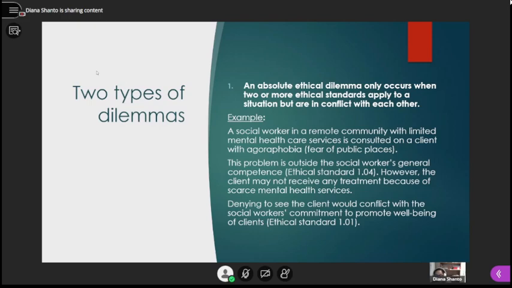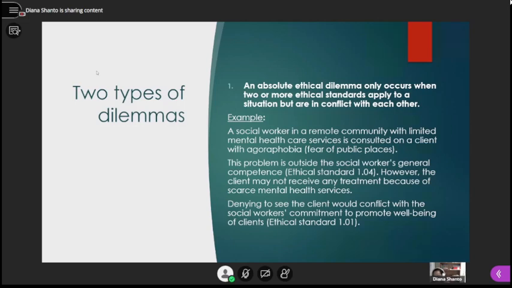For instance, a social worker in a remote community with limited mental health care services is consulted on a client with agoraphobia, which is a fear of public places. Donc, a social worker in a remote community.